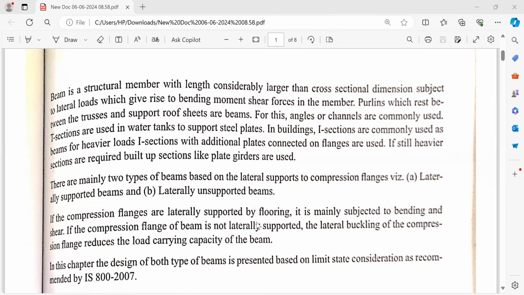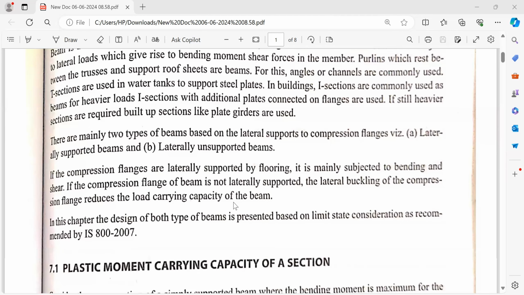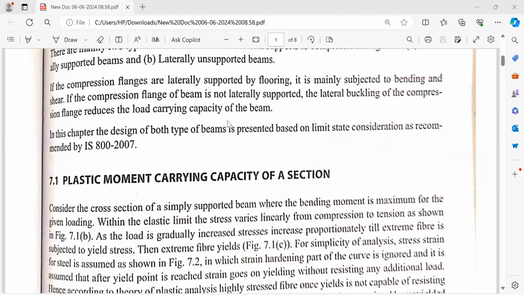That is the difference. Tilting of the top flange is prevented in the case of laterally supported beams. That is the main difference between laterally supported and laterally unsupported. In the case of laterally unsupported beams, tilting of the flange may occur, but in the case of laterally supported beams, tilting of the top flange will not occur. That is the difference. The guidelines are given in IS 800.